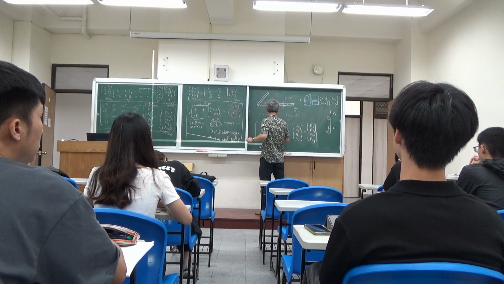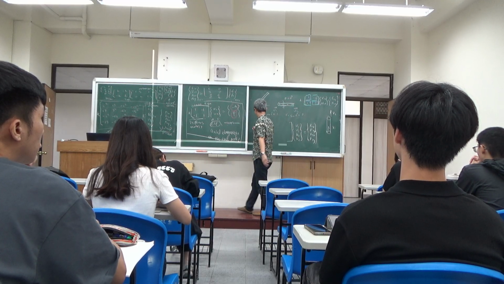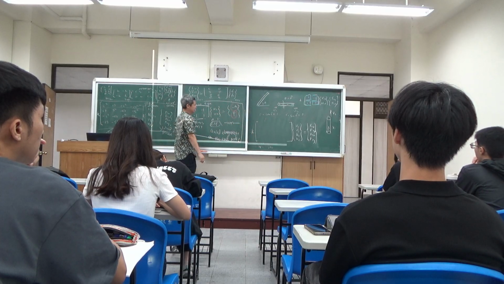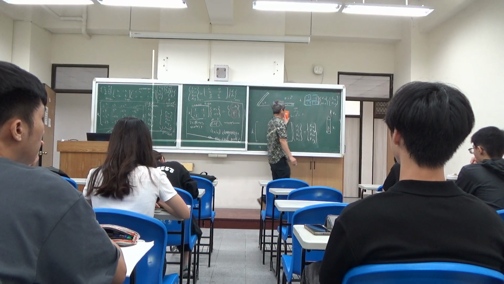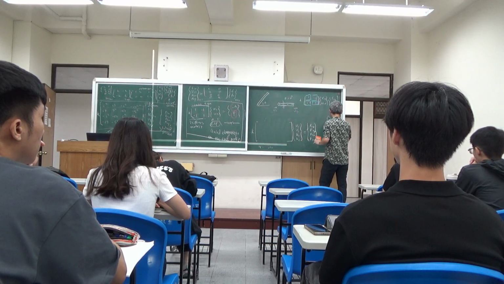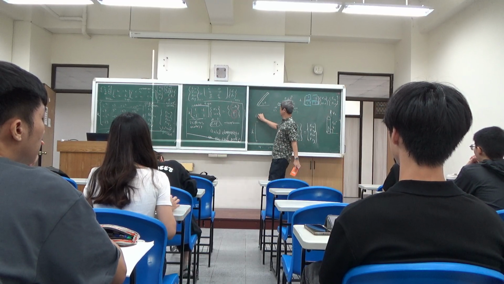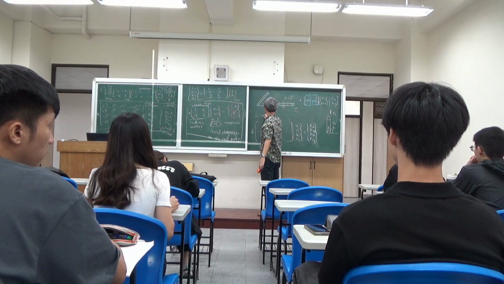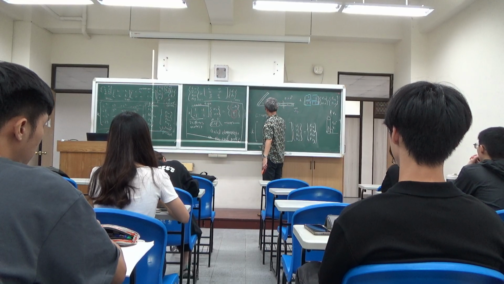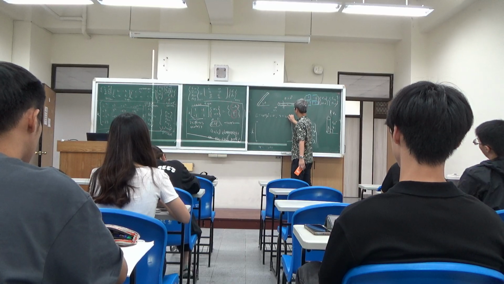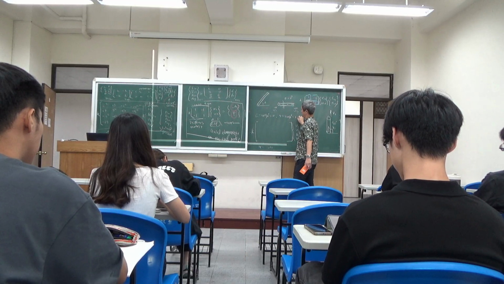And then on the right hand side, the displacement vector must be multiplied with the stiffness matrix. In this case, the vertical one, the angle is 90 degrees. Cosine 90 degrees is 0. Sine 90 degrees is 1.